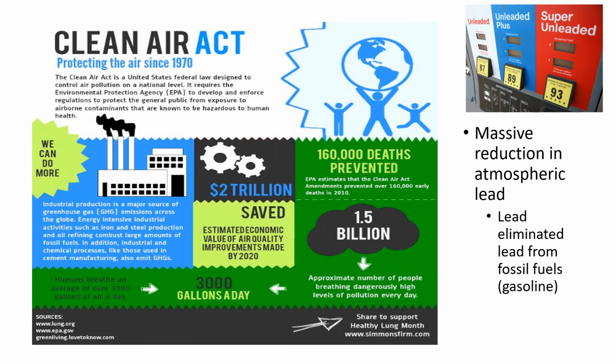For example, the Clean Air Act led to a massive reduction in atmospheric lead. If you go to the gas pump, you'll see it says unleaded fuel, right? And that's because gasoline actually used to have lead in it. And so when you combust it in the combustion engine of your car, you have atmospheric lead being put out into the atmosphere.